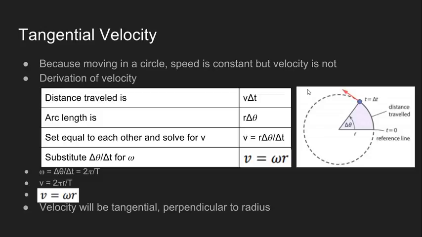The distance traveled, as in linear motion, is just velocity v times your change in t. Your arc length, we know from geometry, is r times your change in theta. Delta theta will always have to be in radians because those are the units required by that certain equation in geometry.